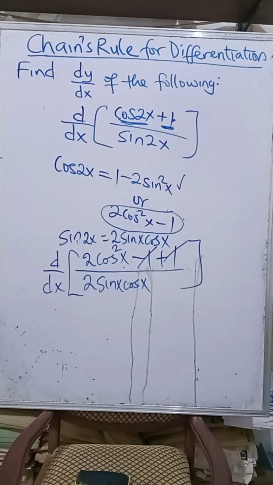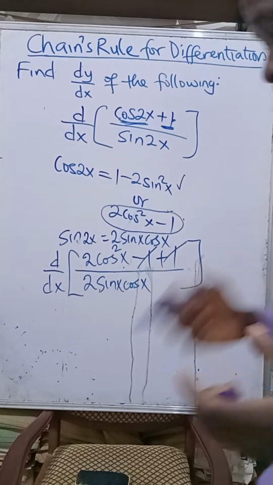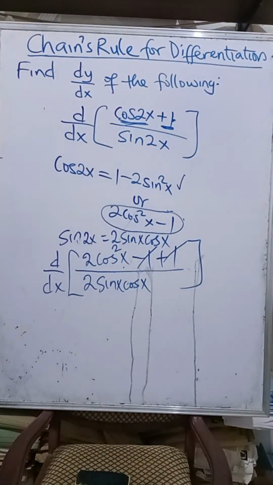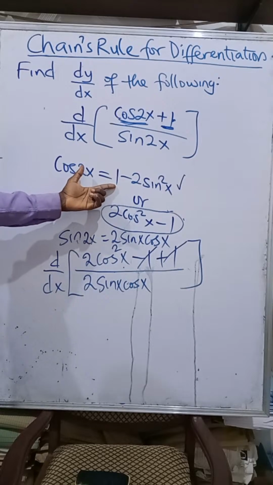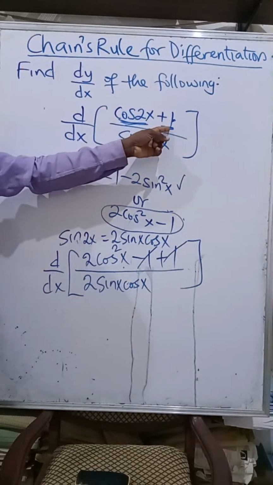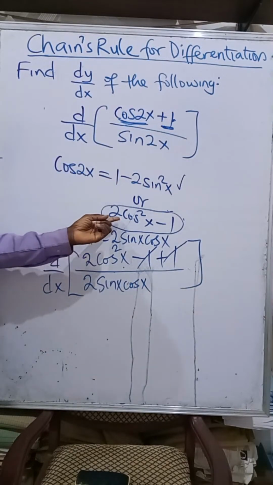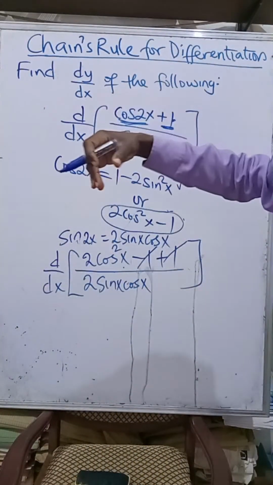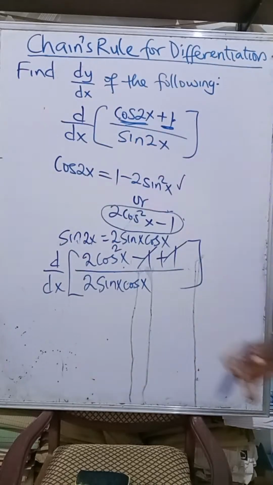So we've achieved the target. Our target is to ensure that at the numerator you just have one item. The first one will not be appropriate because we want to cancel the plus 1. So 2 cos square x minus 1 will be the right one to use, so that it will cancel that plus 1.